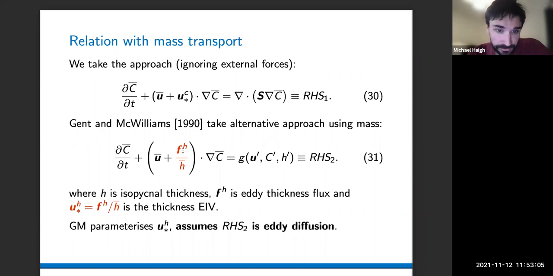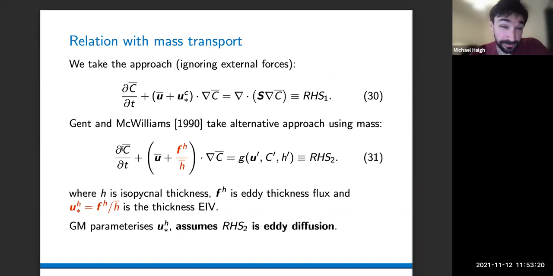Gent and McWilliams in their 1990 paper and the follow-up 1995 paper defined this fraction to be the eddy-induced velocity for mass, or isopycnal thickness.